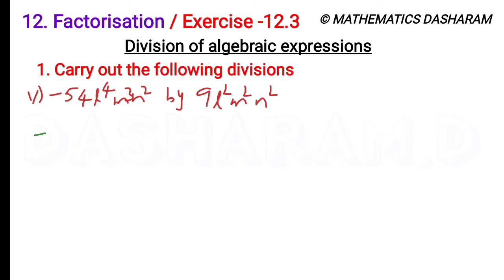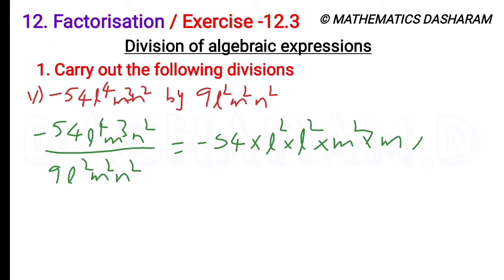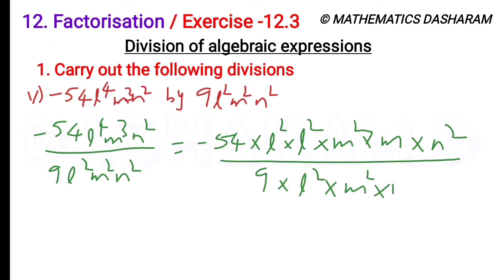Fifth question, minus 54 L to the power of 4 m cube n square divided by 9 L square m square n square. So it is equal to minus 54 into L square into L square into m square into m into n square, divided by 9 into L square into m square into n square. 9 ones are 9, 9 sixes are 54.